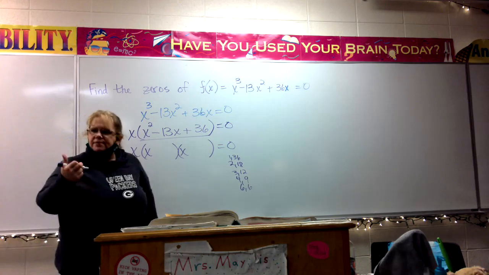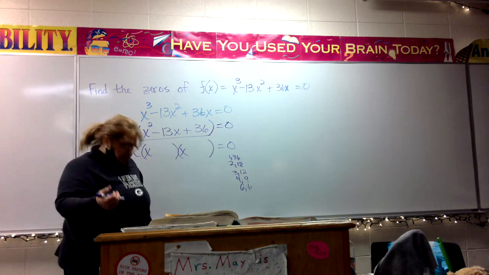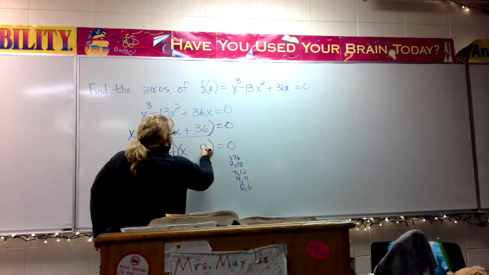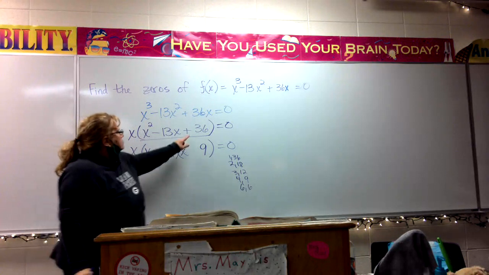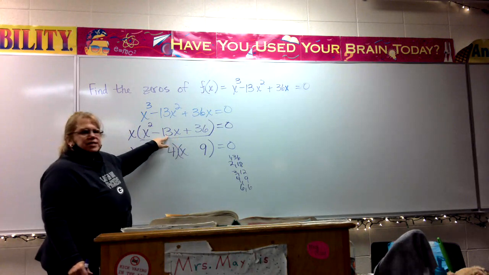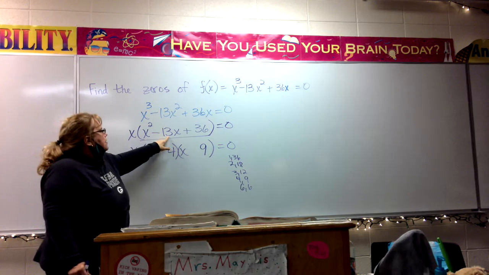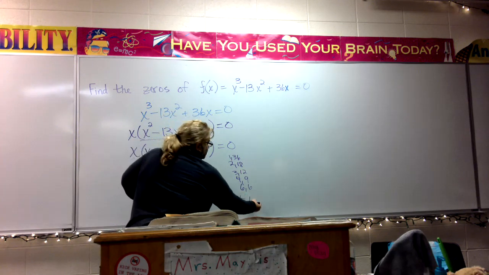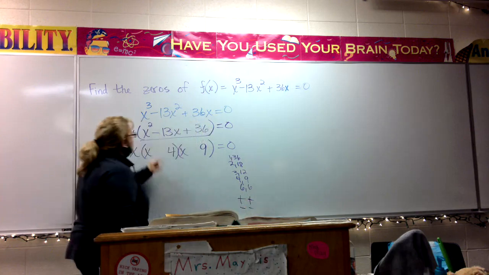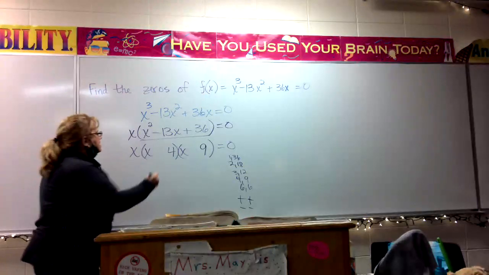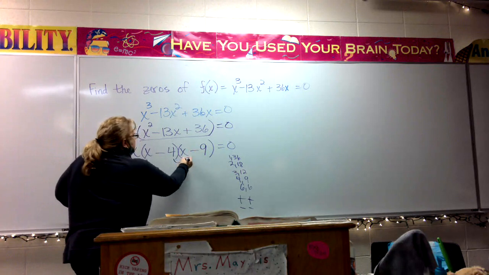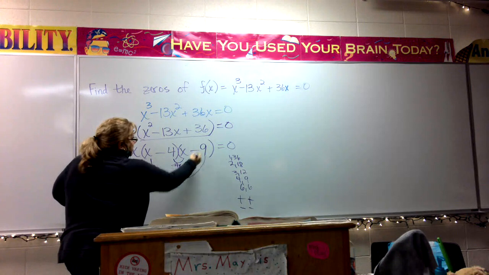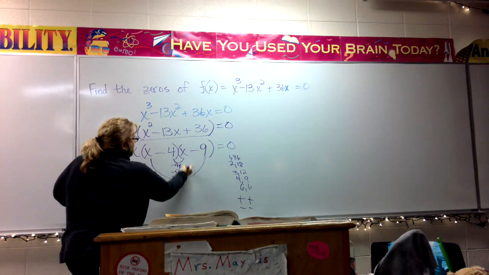There's a few heads bobbing up and down. I don't know if they agree or if they're falling asleep. She says 4 and 9 because 4 and 9 add to 13, right? Then to get a positive here, you either have to multiply plus times plus or minus times minus. Minus minus. And then you want to do the inside outside, negative 4x. And what do you get?